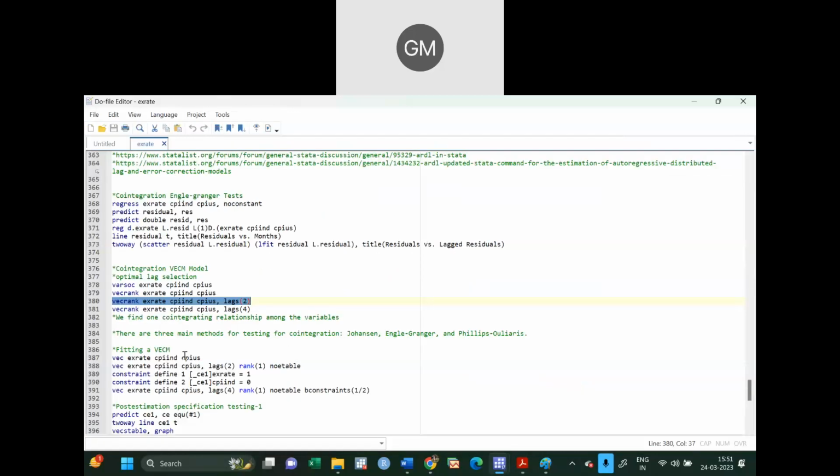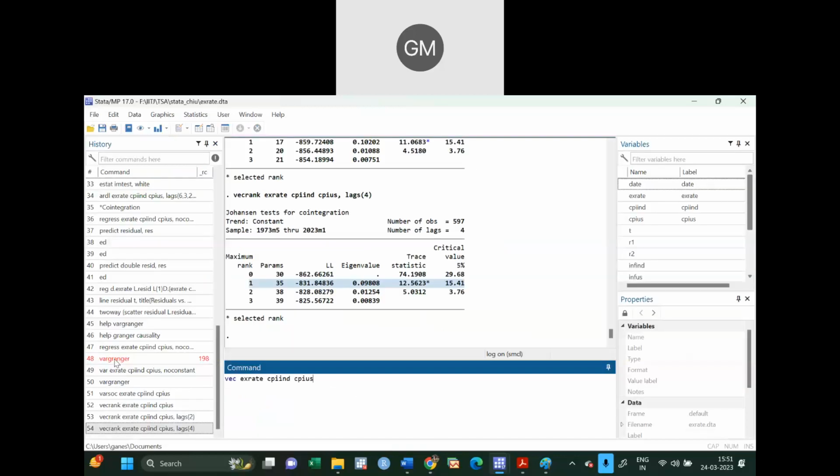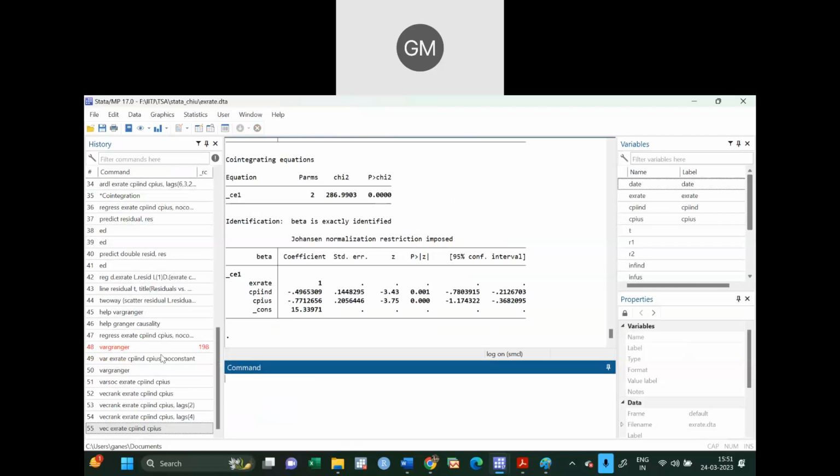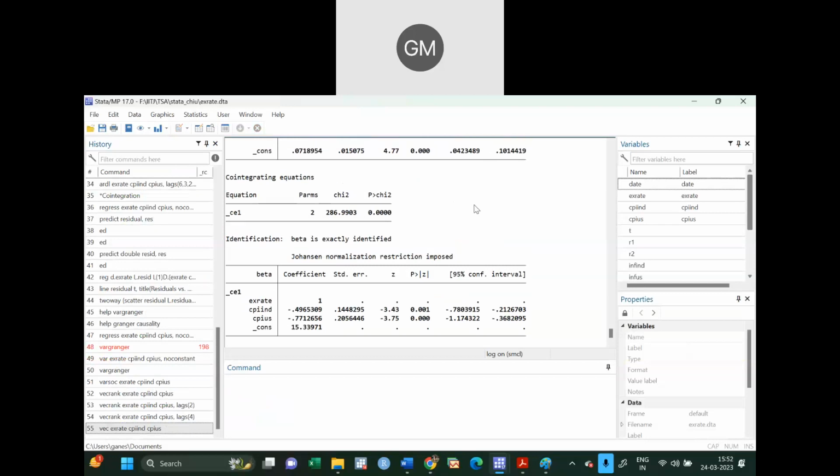Now let's run the cointegrating vector error correction model. So the Johansen and Juselius cointegration method.